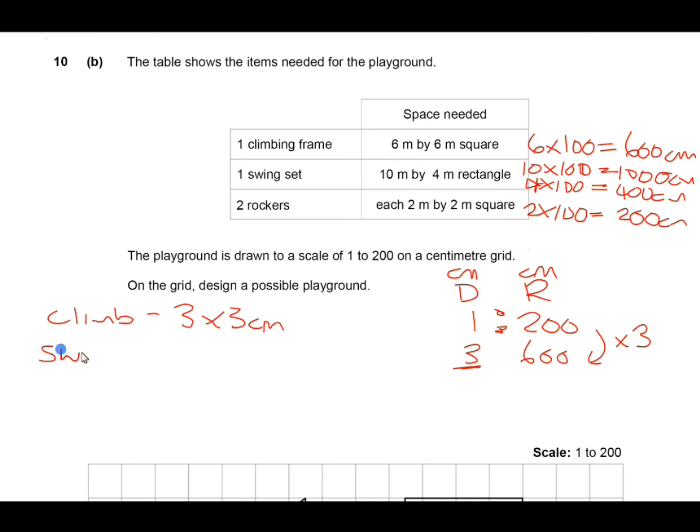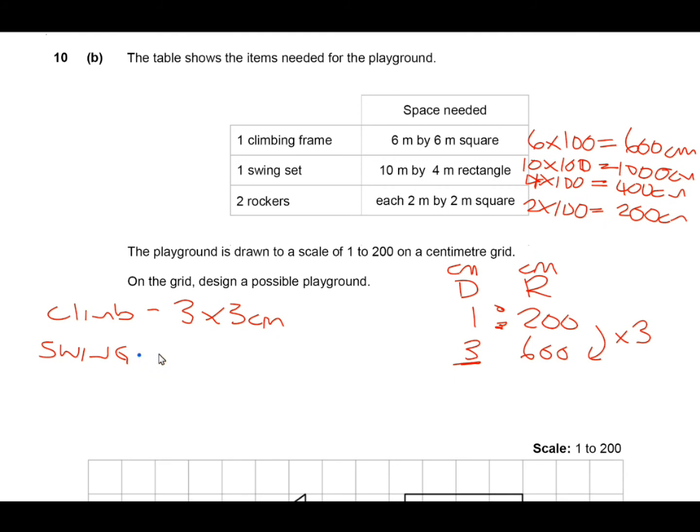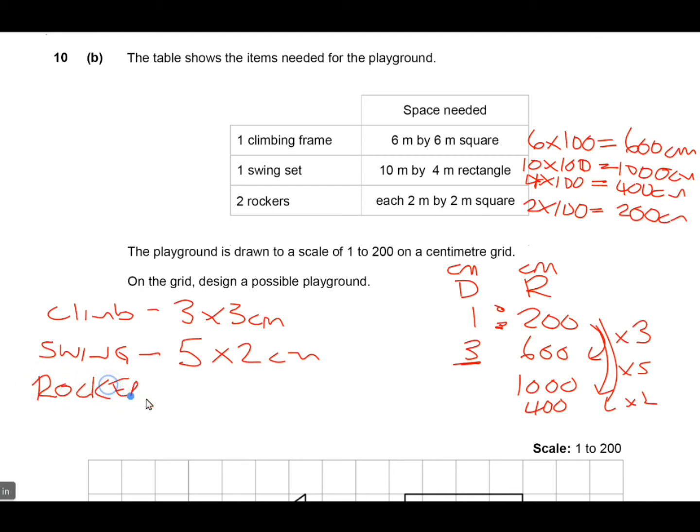For my swing, my 1,000 requires me to multiply by 5, and the 400 requires me to multiply by 2. So this will be 5 by 2 centimeters. And then finally, my rockers, which are 200 centimeters, you're multiplying it by 1. So it's 1 centimeter by 1 centimeter, and I need 2 rockers.